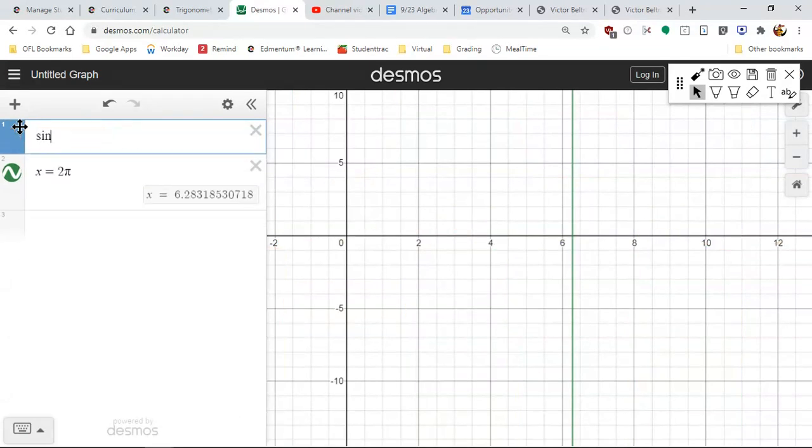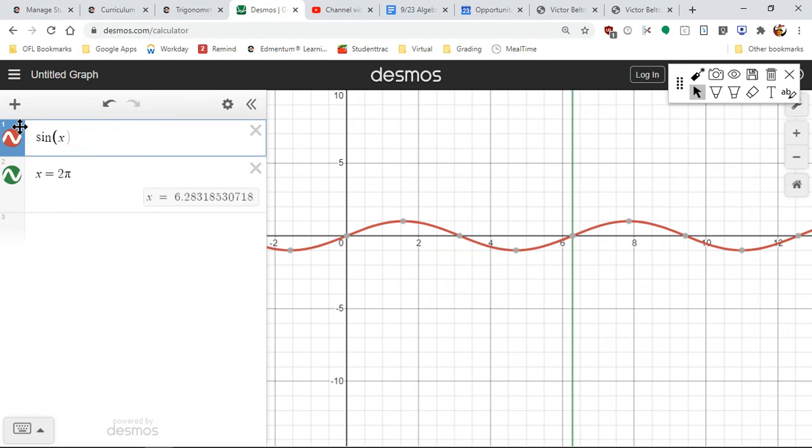Sine of x plus 2 pi. So if we look here, wait a minute, what's happening here? This crosses the x-axis still at 2 pi. But something weird happened.